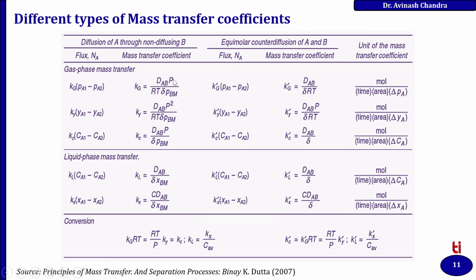In that case, the mass transfer coefficient is defined as kg equal to D_AB P upon RT delta P_BM. Where if this case is counter diffusion, it is written as kg dash, equal to D_AB over delta RT, and here kg is converted into kg dash, and the unit for this is mole per unit time per unit area and delta P.